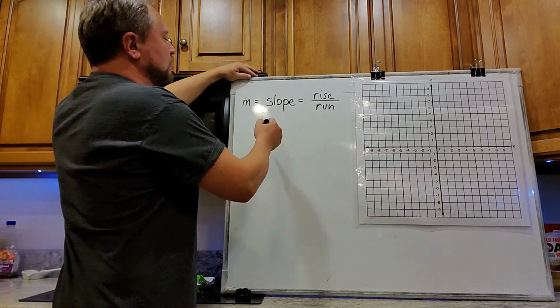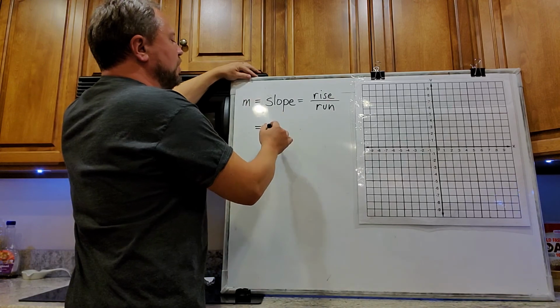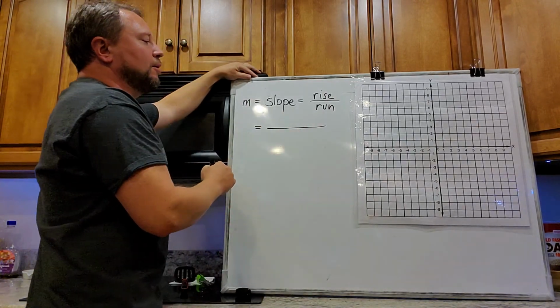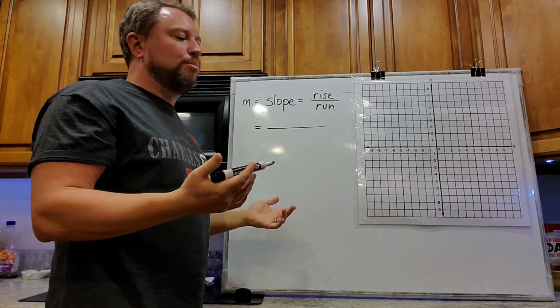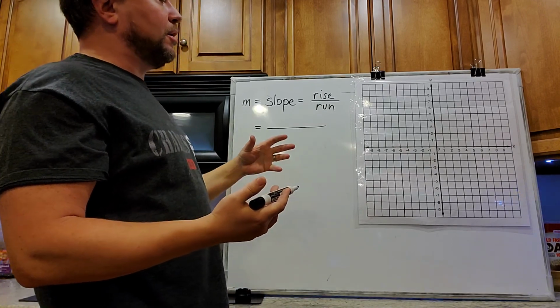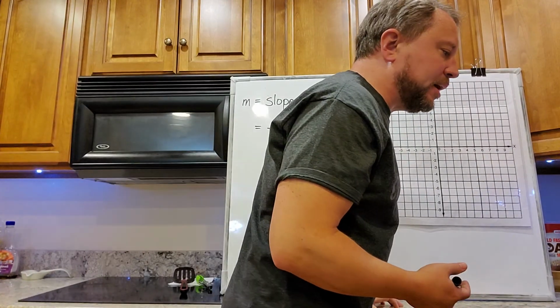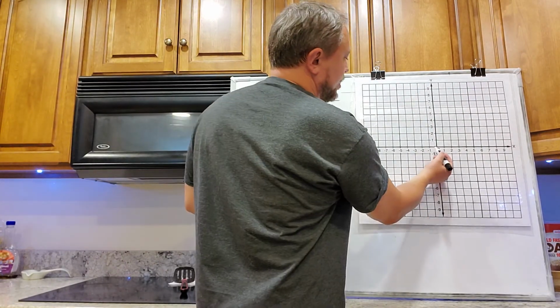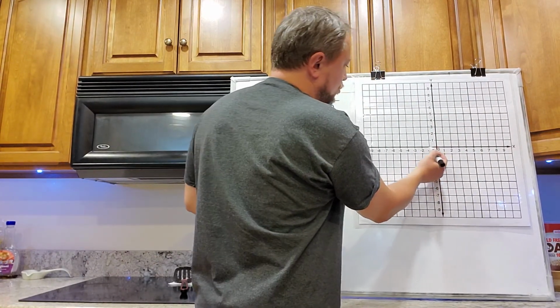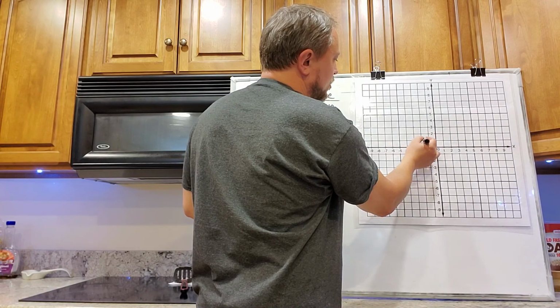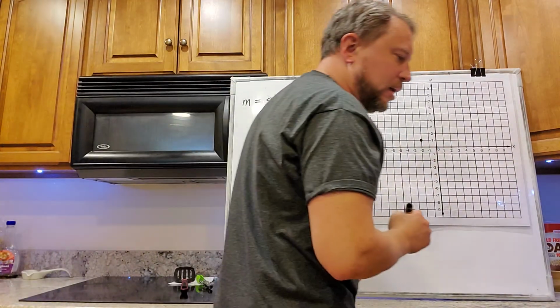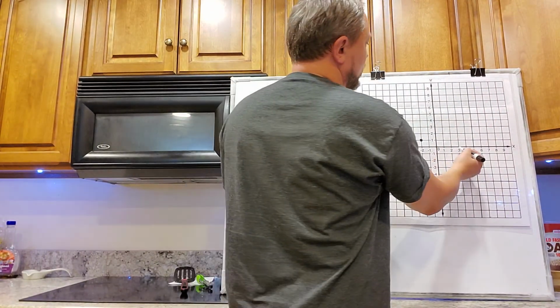And there is a formula that we can follow given any two points on a line. For example, let's say I had these points: (-2, 1), right there, and (3, 8).